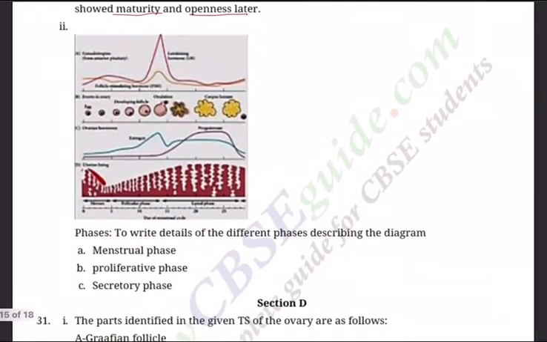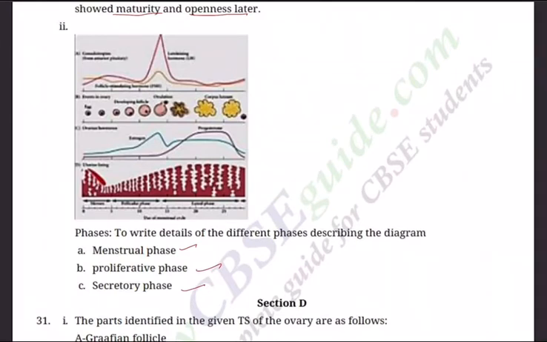Question 2. Briefly describe the phases of MC, menstrual cycle. So draw the diagram as it is drawn and write the 3 phases. Since it is a 3-mark question, you only have to mention them. Okay, that is phases, details of different ways describing the diagram. Menstrual phase, then proliferative phase and secretory phase. 3 phases.